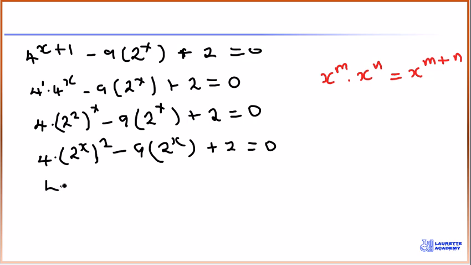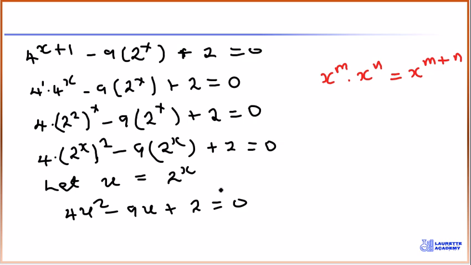So we can say let u equals 2 to the power x, and so we have that 4u squared minus 9u plus 2 equals 0.